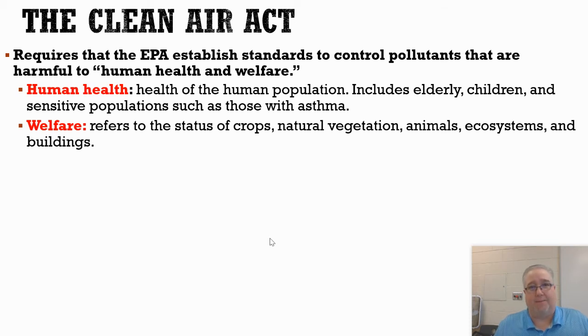The bottom line is, the Clean Air Act in the United States is what gives the power to the federal government, the EPA, the Environmental Protection Agency, which is a branch of the federal government, the power to try and control air pollution. Anything that gets in our air that is harmful to not only human health, but also our welfare.